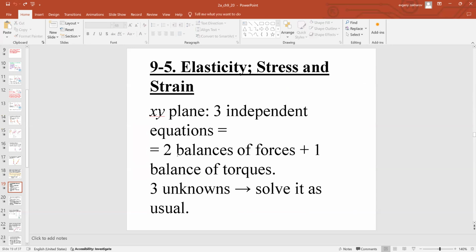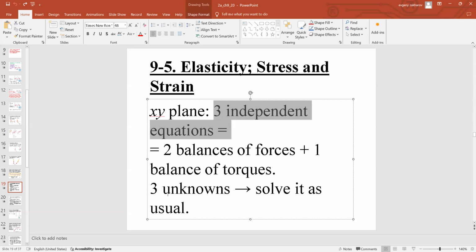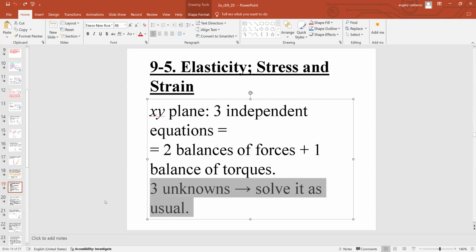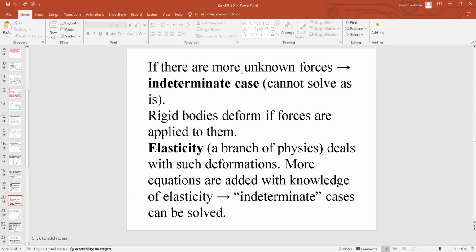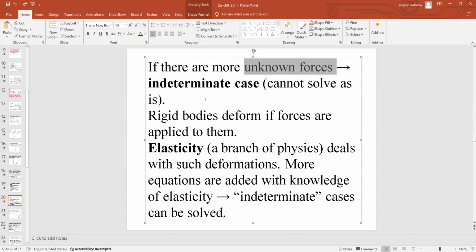So 3 equations, 3 unknowns, solve as usual. You don't need any elasticity. But if you have more unknown things, that's what we call the indeterminate case. You can't determine the outcome.